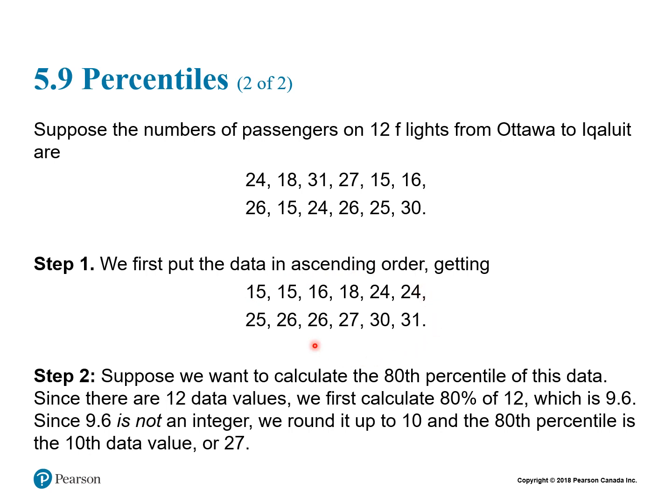So we have 12 points here, and if we want the 80th percentile, we multiply 80 percent by 12, we get 9.6. But we don't have a 9.6, because this is between 9 and 10, right? But 9.6 can also be seen as 10, so 10 will be the position of the point that we need to get the 80th percentile. It's not the most accurate one, but at least it is 27 in this case.